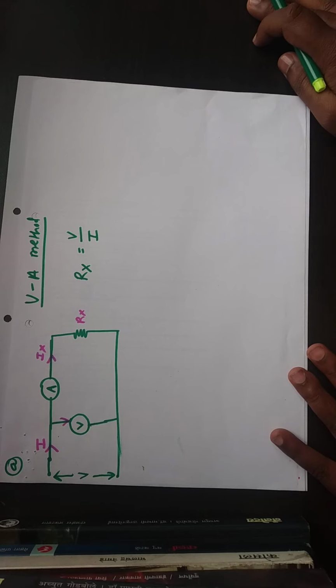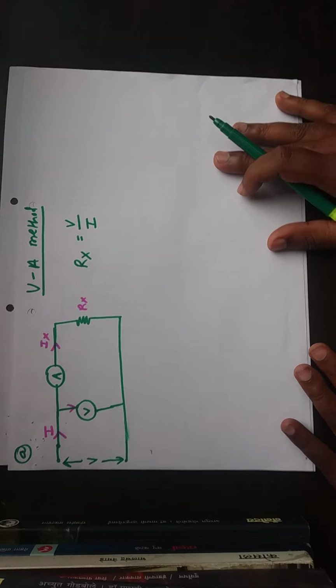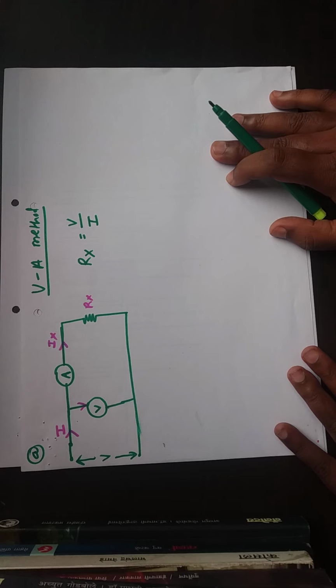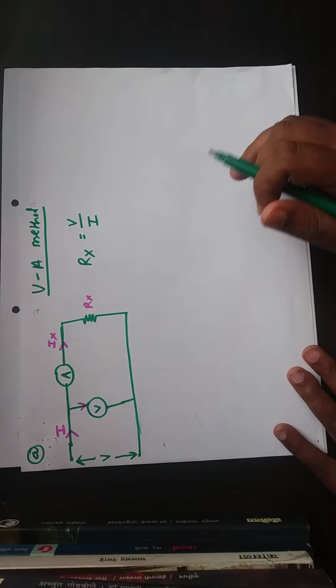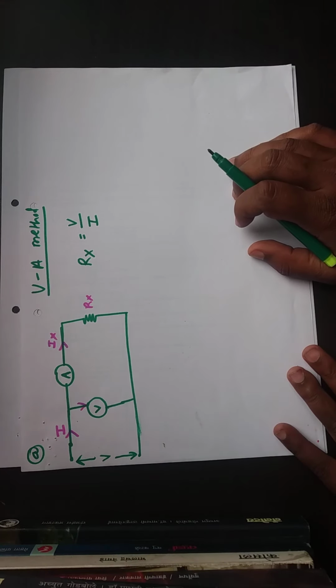So the voltmeter, as you know, indicates the sum of voltage across the ammeter and the unknown resistance. The voltmeter indicates the sum of voltage across the ammeter as well as the unknown resistance, because this ammeter also has a very small resistance that we have to consider, otherwise we cannot get the correct answer.